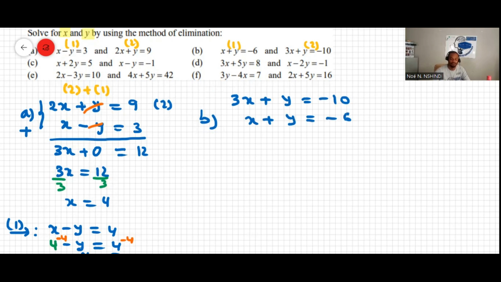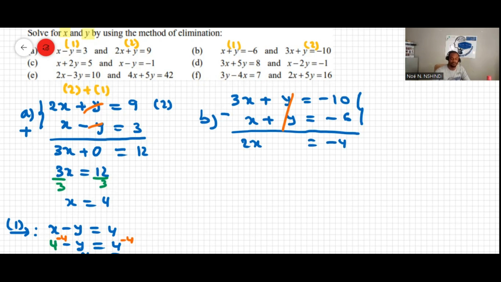This time I will do equation 2 minus equation 1. If I minus the two equations, 3x minus x is 2x, y minus y is 0, and then negative 10 minus negative 6 will be negative 10 plus 6, which is negative 4.